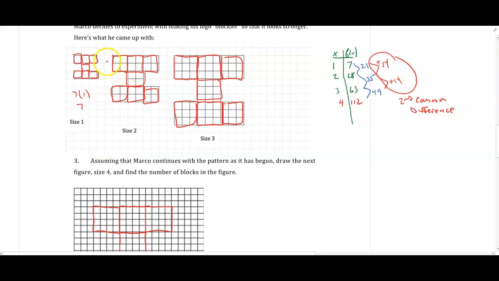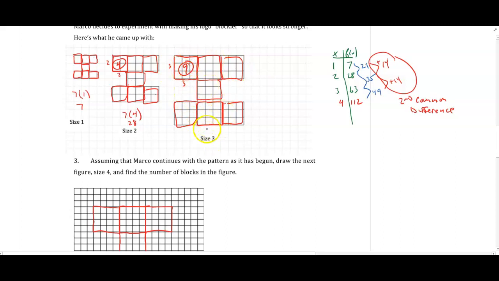What is the area of this? If I do 2 times 2, that gives me 4 blocks, and how many blocks do I have here? 7. So 7 times 4 blocks in each square would give me 28. Over here, size 3, we have a 3 by 3, which means each of these squares has 9 blocks.